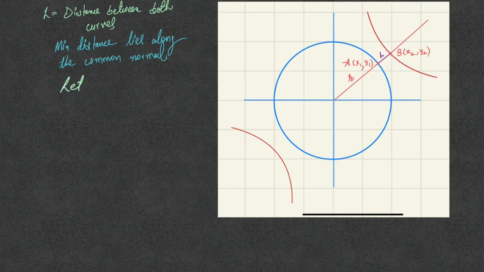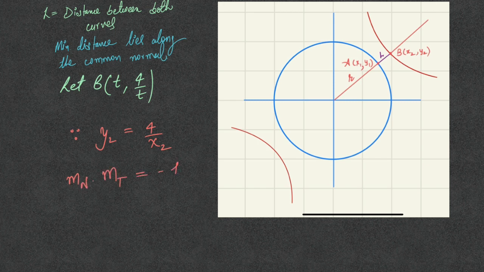Let us assume the coordinates of point B is t comma 4 upon t, because y2 is equal to 4 upon x2. So for t, the value of y will become 4 upon t. And we know that the slope of the normal multiplied by the slope of the tangent is always equal to -1.